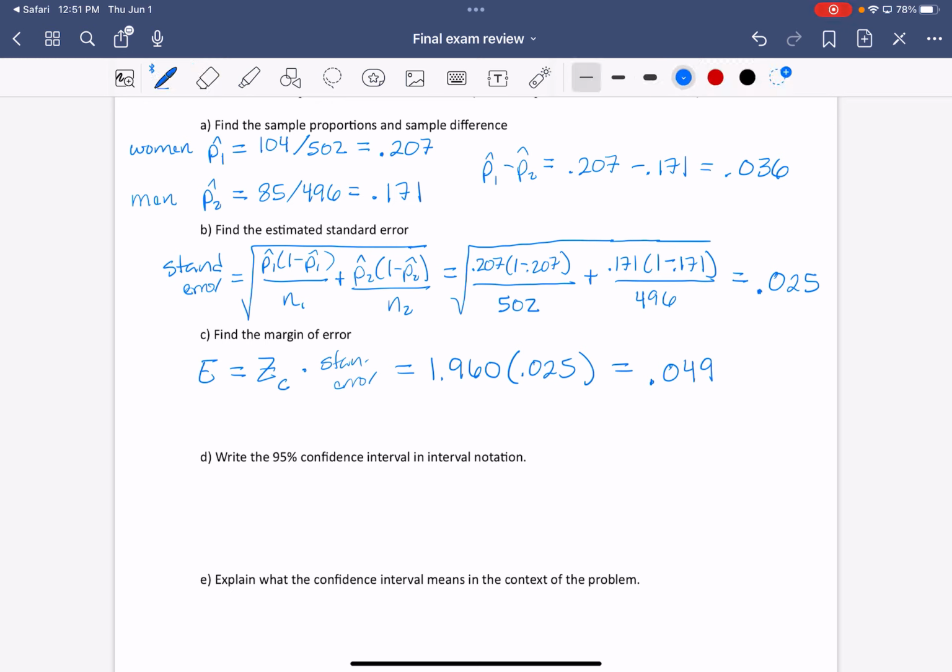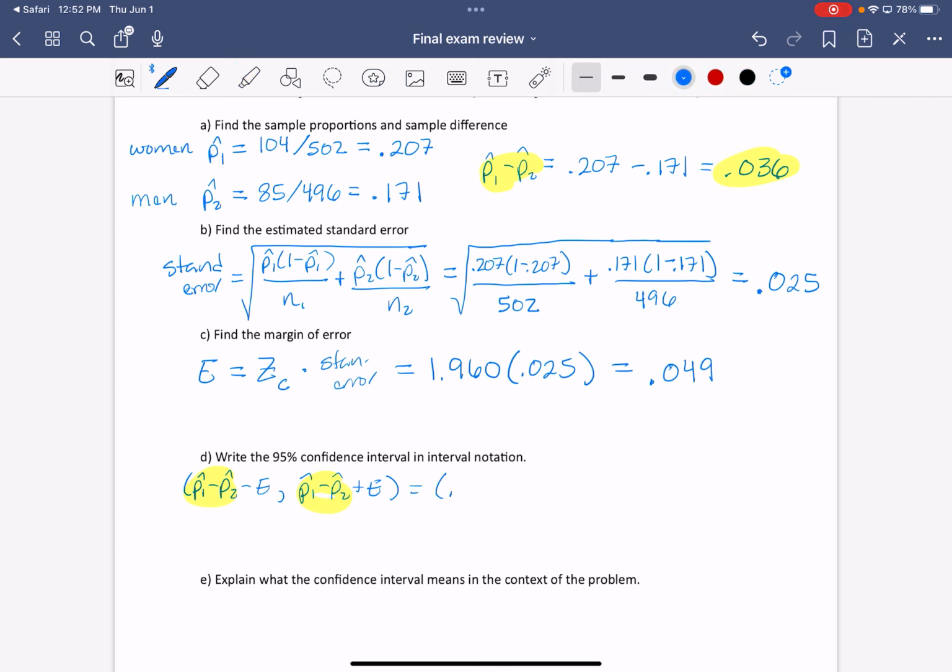Part D. Write the 95% confidence interval in interval notation. All right, and again, that's on the formula sheet. In case you forgot, it's P1 hat minus P2 hat minus E, comma, P1 hat minus P2 hat plus E, where we already found the P1 hat minus P2 hat. We did that here. We had gotten that to be the 0.036, so that part is just being brought down.